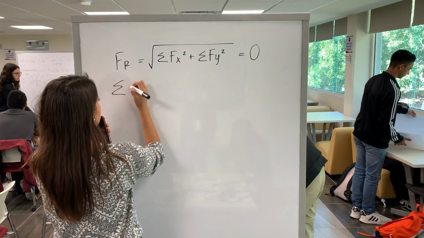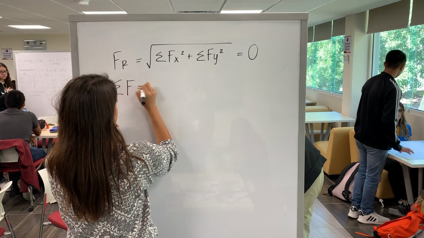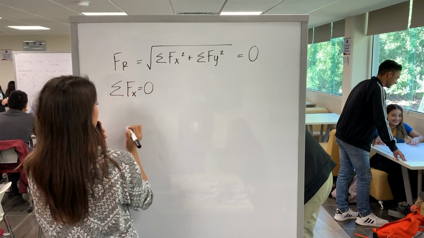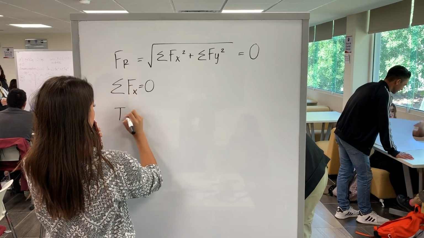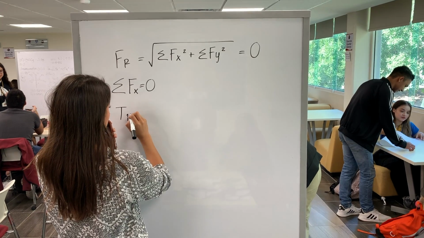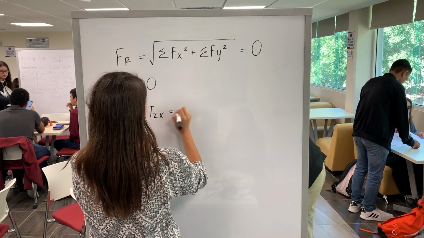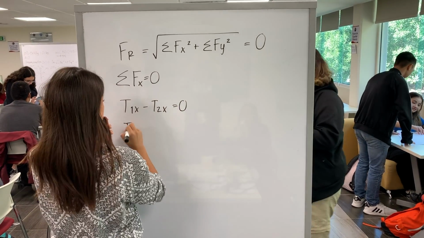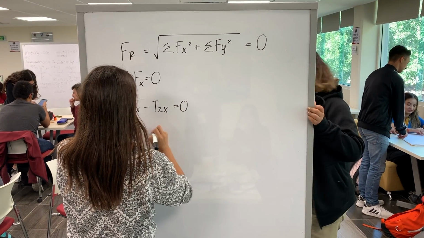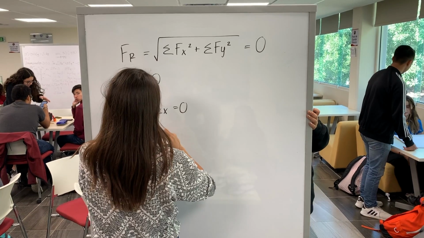So the summation of the forces is equal to 0, and the tension 1 in x minus the tension 2 in x is equal to 0. So the tension 1 in x is equal to the tension 2 in x.